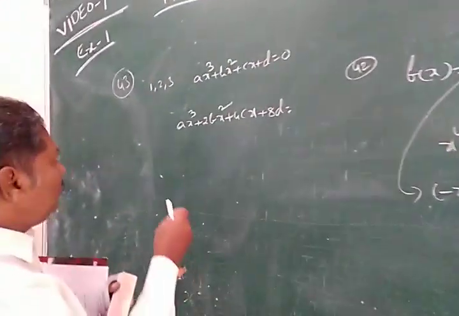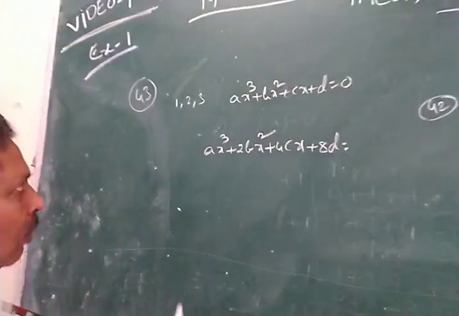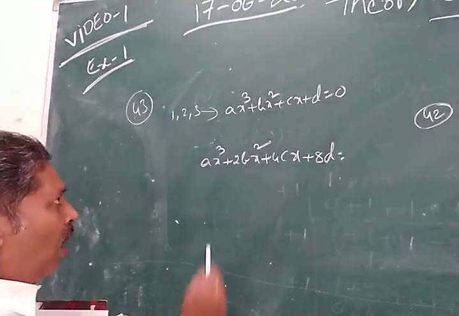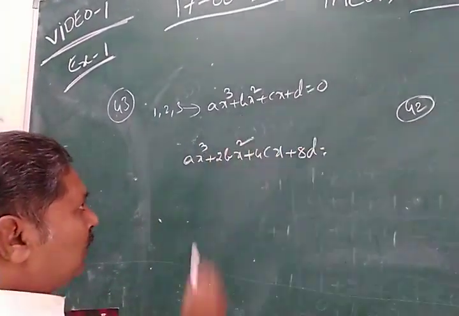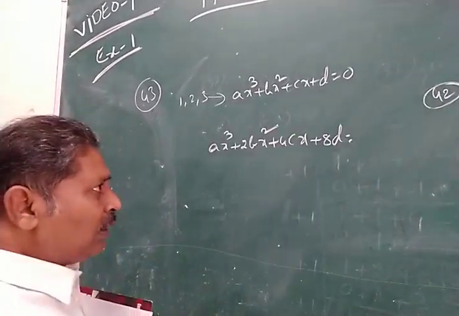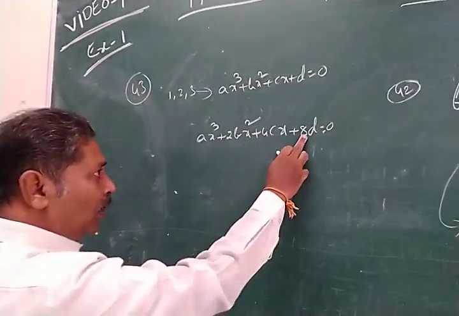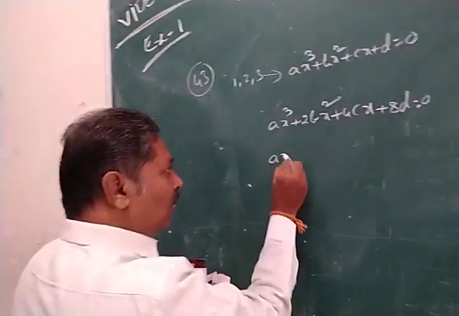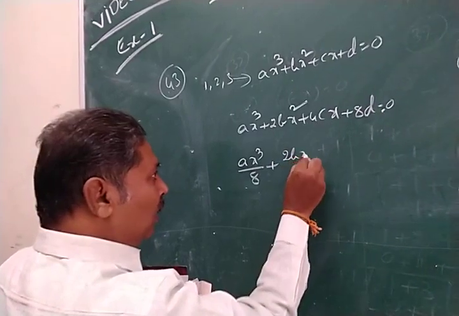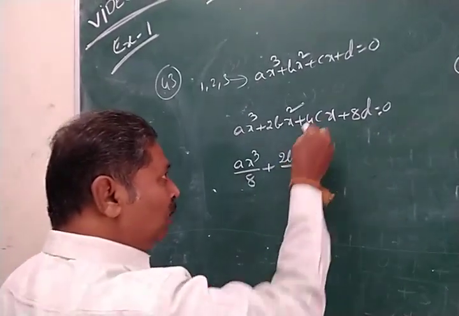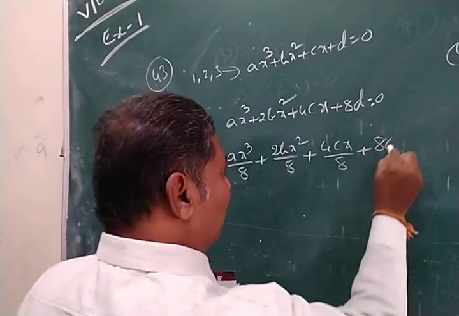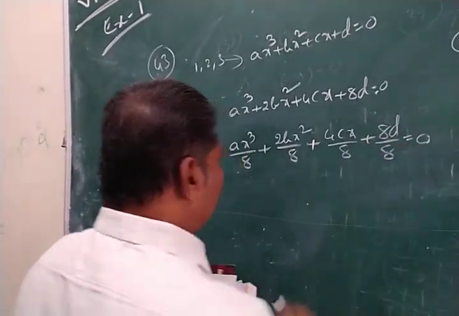Next, bit number 43. Given 1, 2, 3 are roots of this equation, find roots of this equation. Divide with 8. 8x cubed by 8, 2b x square by 8, 4c x by 8, 8d by 8.